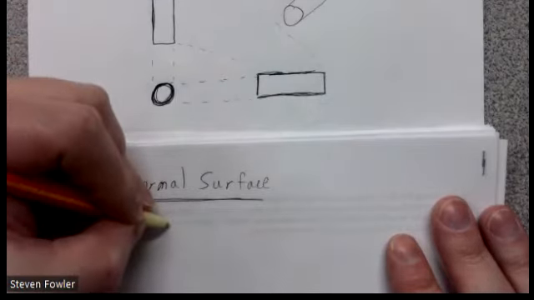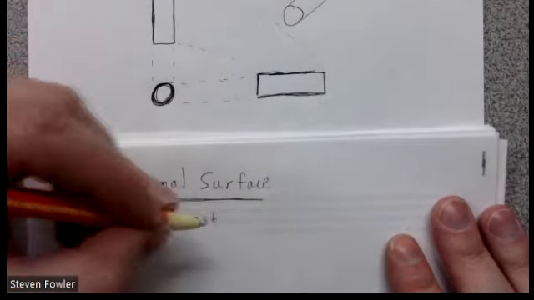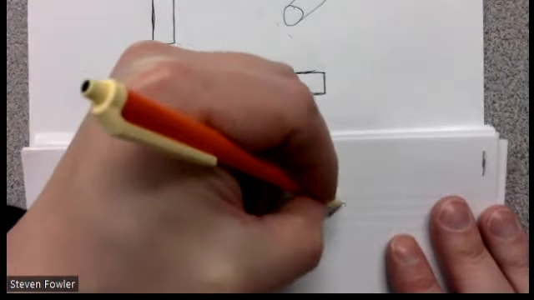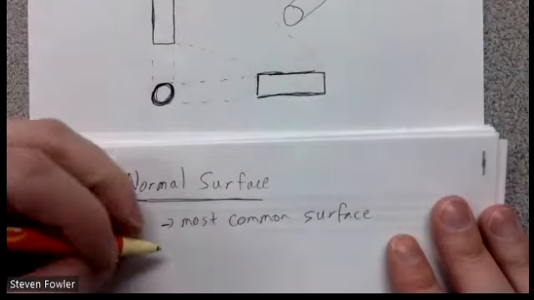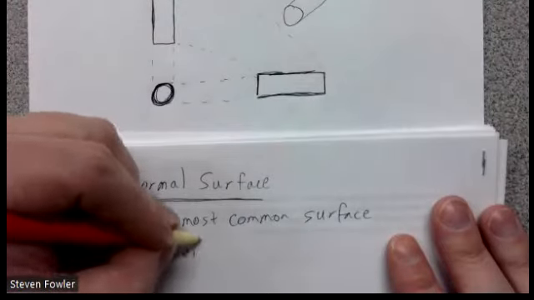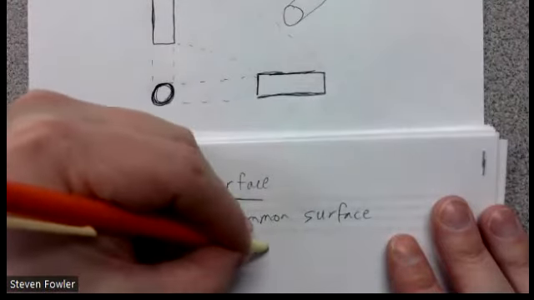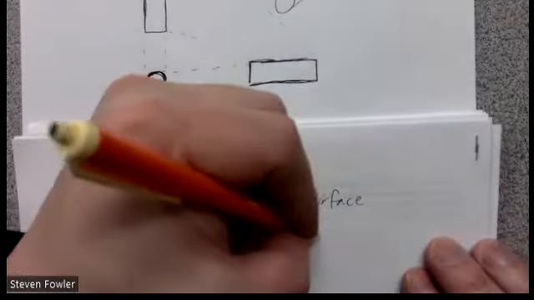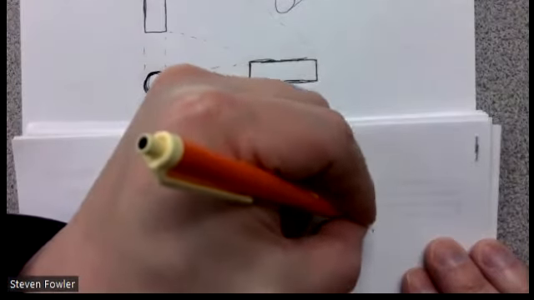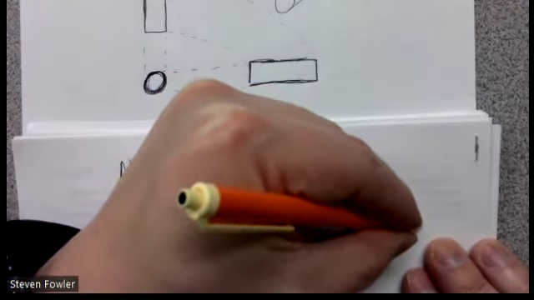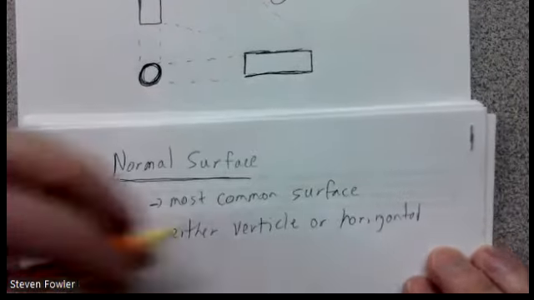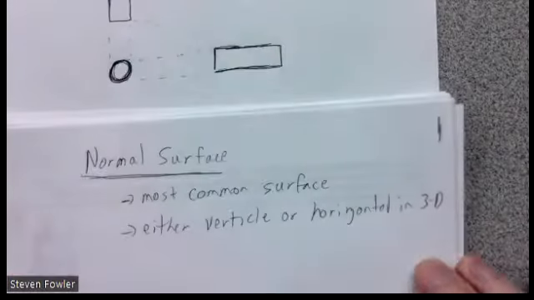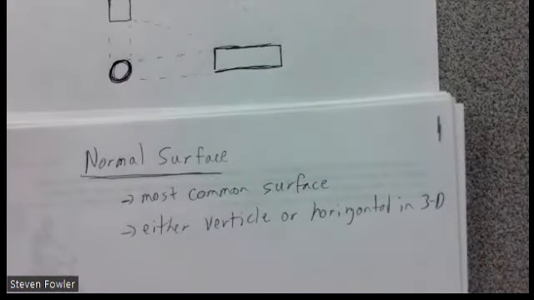A normal surface, which is the most common surface, is either vertical, up and down, or horizontal in 3 dimensions, in real world space.